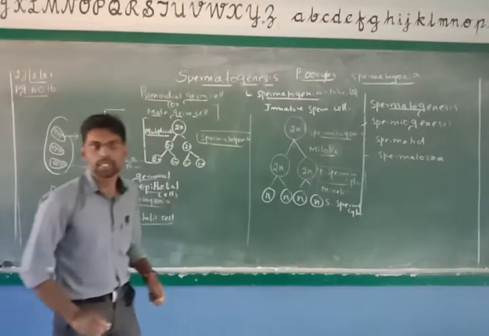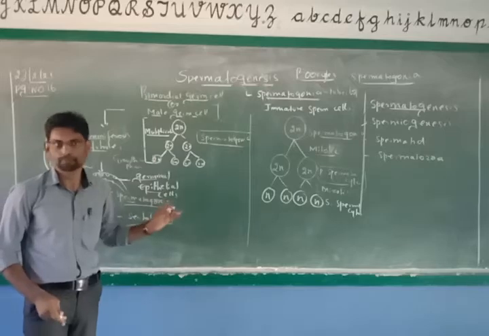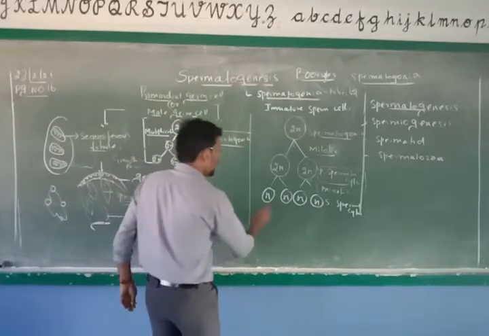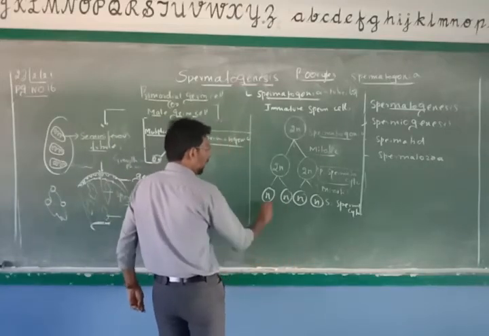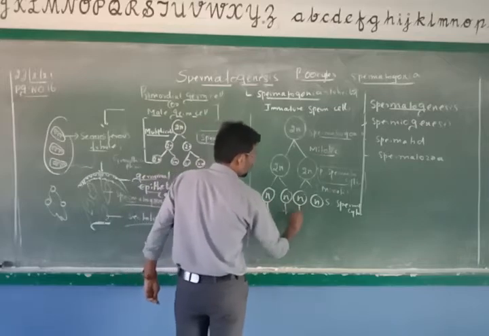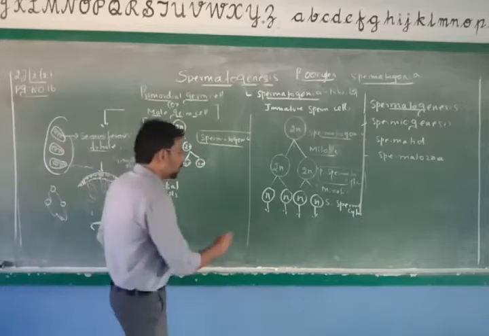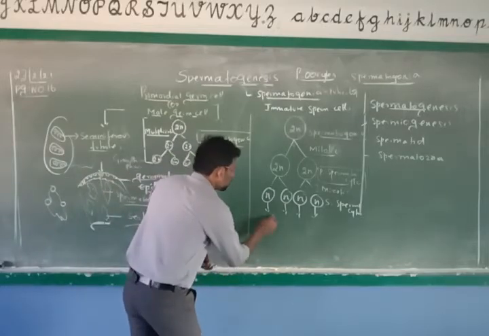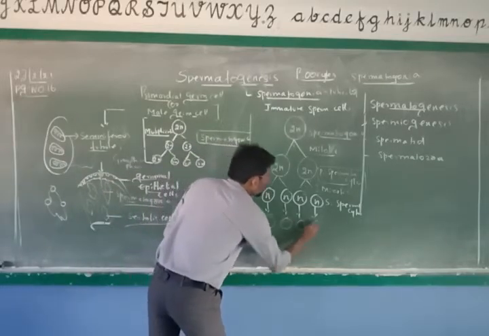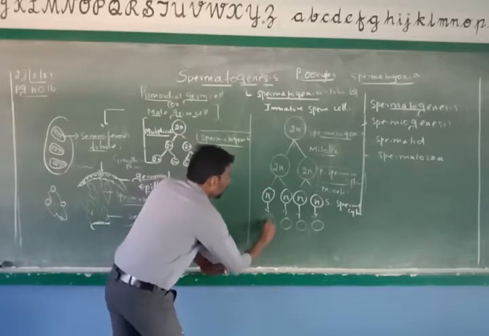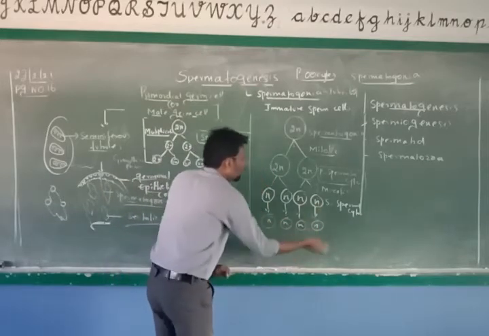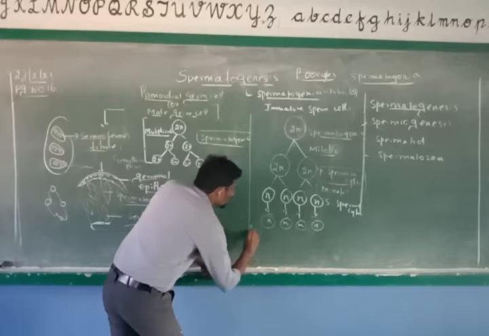Is that clear? Secondary spermatocytes. Now again it will undergo division, and here you got the secondary spermatocyte, and this forms the structure. One more here, that is again haploid.